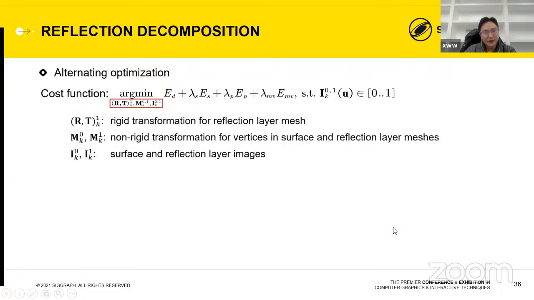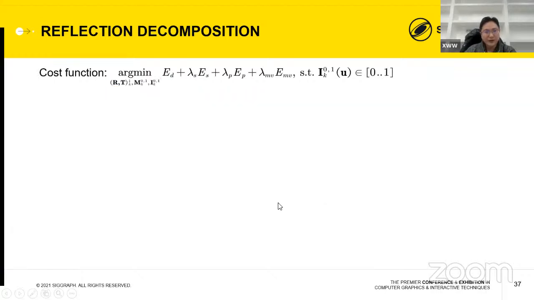The optimizing variables in our algorithm are the rigid transformation of the reflection layer mesh, and the non-rigid transformation, which is like the displacement vectors for the surface and the reflection layer meshes. Finally, we want to obtain the surface and the reflection layer images.